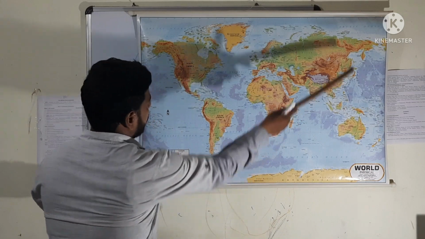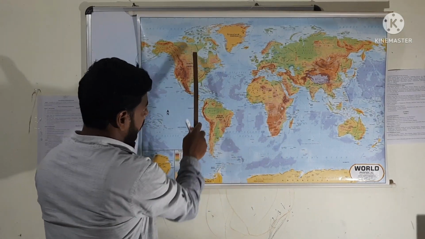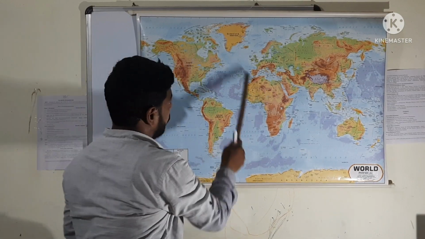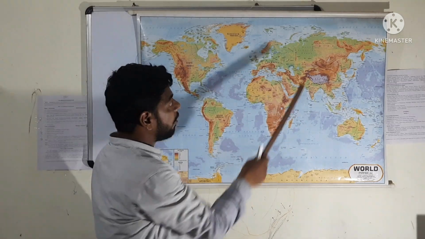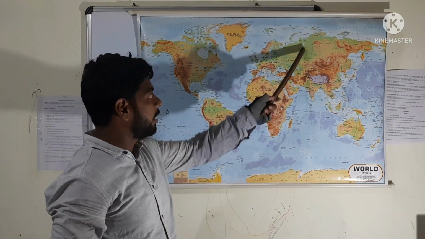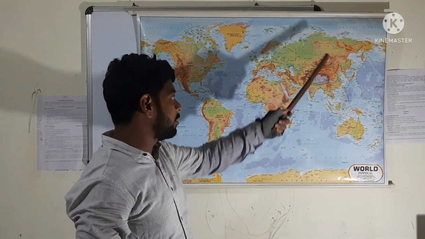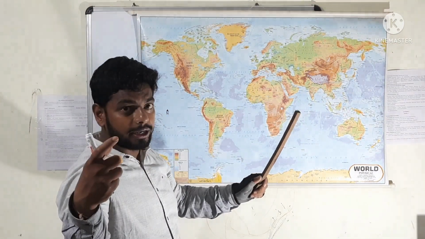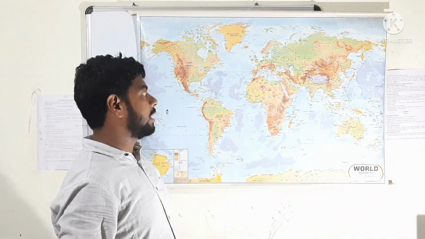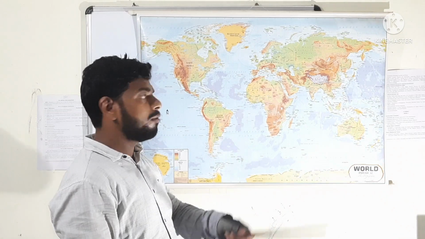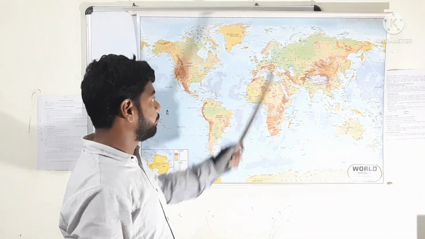What we understood? Entire world: Asia, Africa, North America, South America, Europe, Australia, right? The largest country in the entire world is Russia. Most of it is located in Asia, but culturally and in terms of population density, more is located in Europe. So Russia is often called the largest country in the entire world, and simultaneously the largest country in Europe, right?